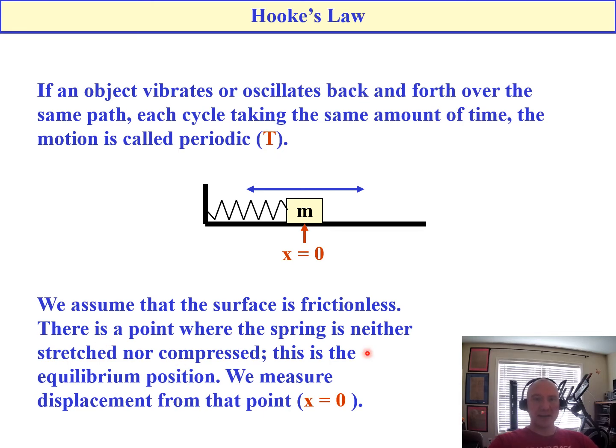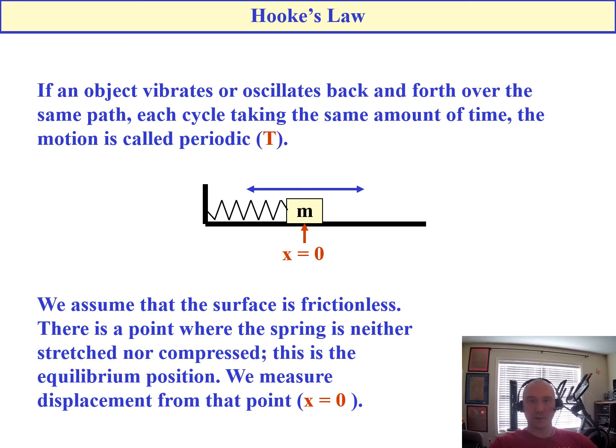All right, so as the spring stretches or compresses, there is a restoring force that pushes it back to the equilibrium position. That equilibrium position is the point where it's neither stretched nor compressed. Now keep in mind, as it's oscillating back and forth, even though it gets to an equilibrium position where there's no force applying to it, it's still moving, so it keeps moving forward.